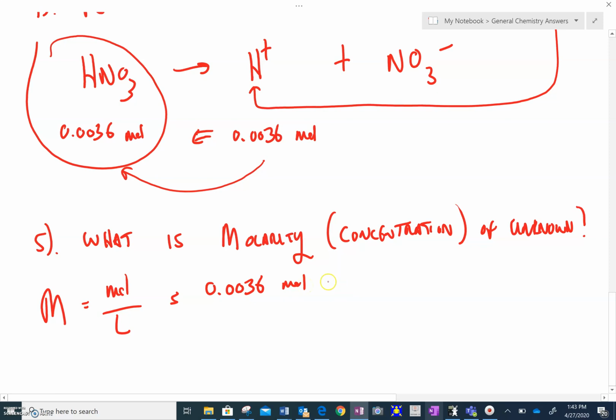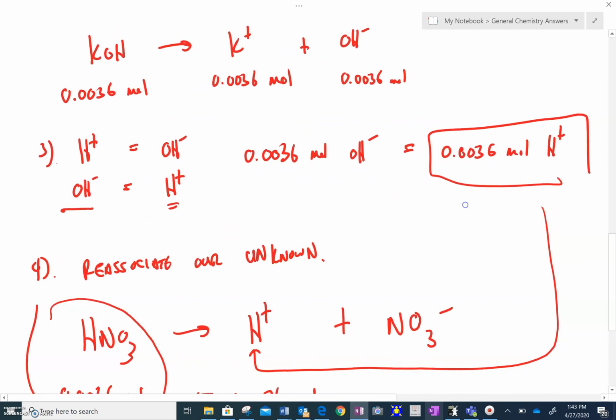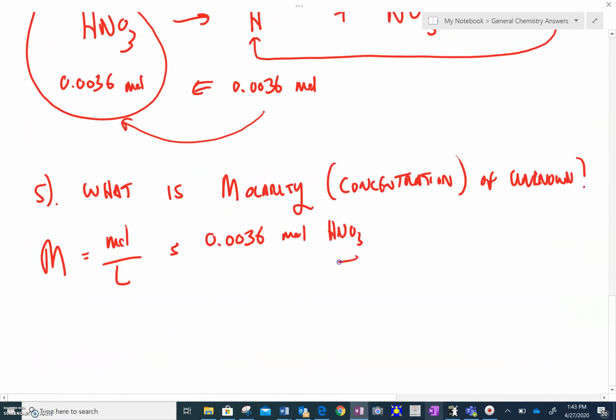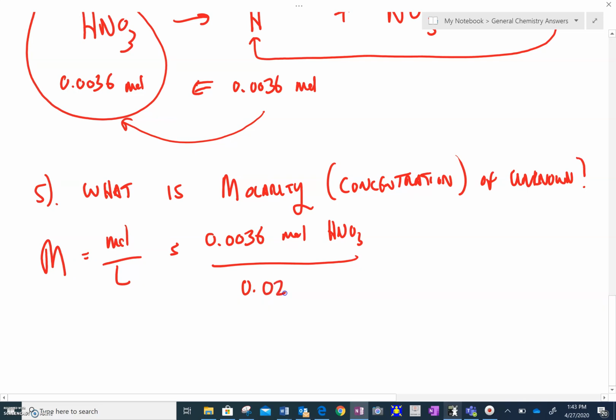It's just how much you have. That's what you were doing in the previous example. From the information in the problem, you know that you have 25 milliliters. We're going to put that into liters. We're just going to move the decimal place back 3, or simply divide by 1,000. That's 0.025 liters. This is the answer to the question, ladies and gentlemen. What is the molarity of our unknown?